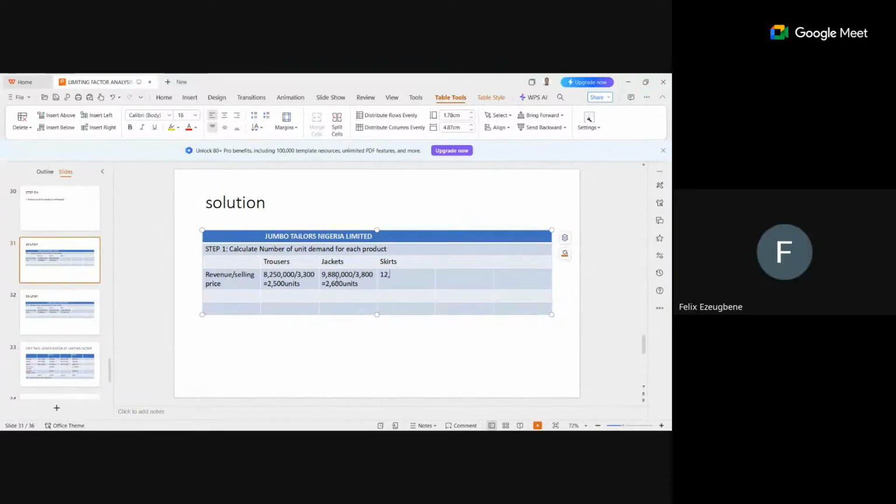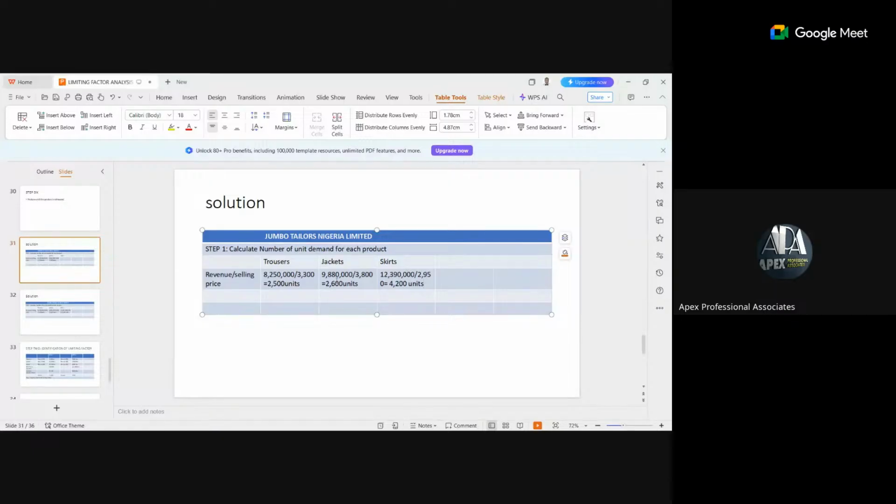Should be 12,390,000 divided by the selling price, 2,950. The unit will be what? 4,200 units. So that will be the first thing you have to do.